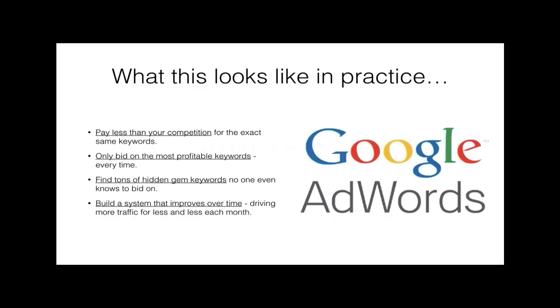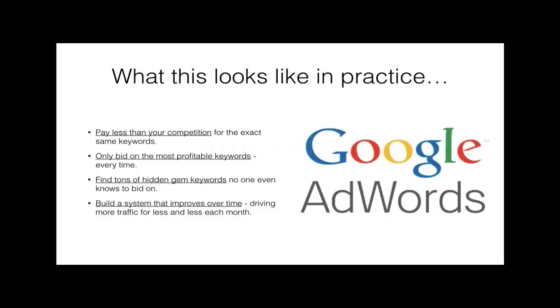So what this looks like in practice, okay? If you follow these 7 simple steps, you follow this system, you're going to pay less than your competition for the exact same keywords. You're only going to bid on the most profitable keywords every single time.